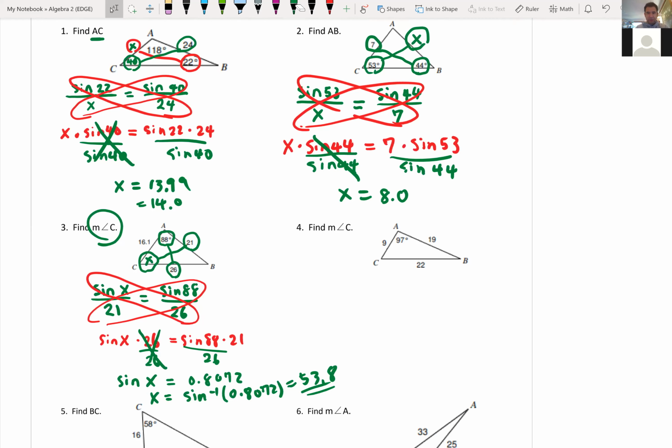Do we have 2 pairs? So again, everybody should be working on number 4.